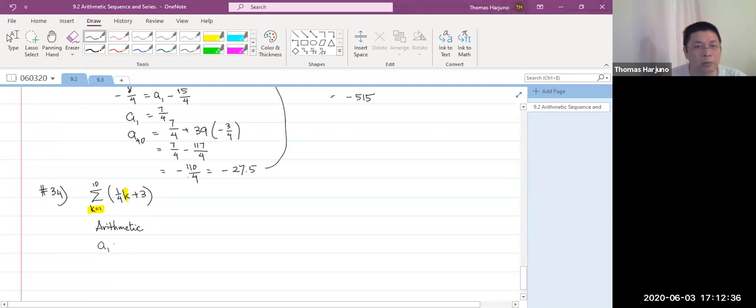Now then, from here we see, oh, that's an arithmetic series. The first term is 3.25. The last term, that's 5.5. So that series is the first 10 terms of an arithmetic sequence. That is 10 over 2, the first term 3.25 plus 5.5. Okay, so that is 5 times 8.75.